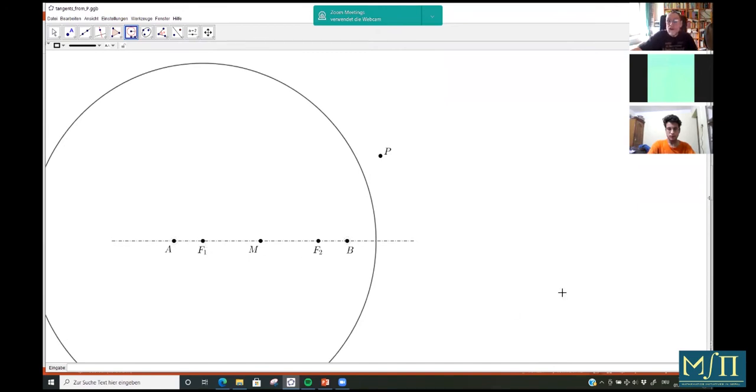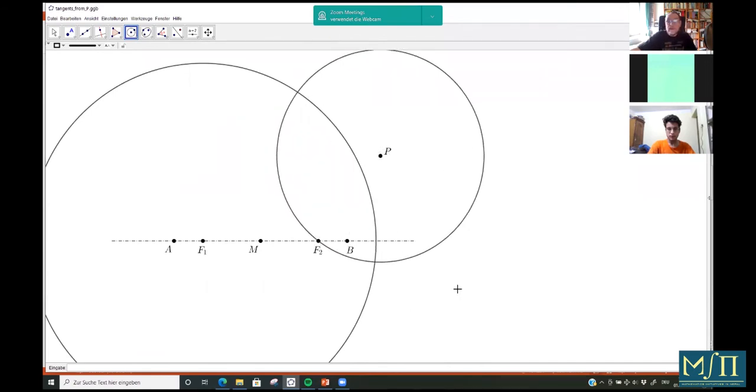And I now know that the point P must be equidistant from the other focus F2 and from this counterpoint. So that means that the counterpoint must lie on the circle with midpoint P that passes through F2, because all points on that circle have the same distance from P as F2 does. So I simply have to construct this second circle here.